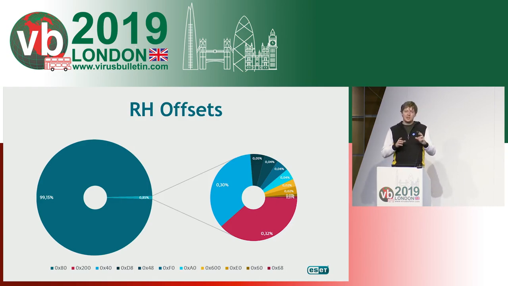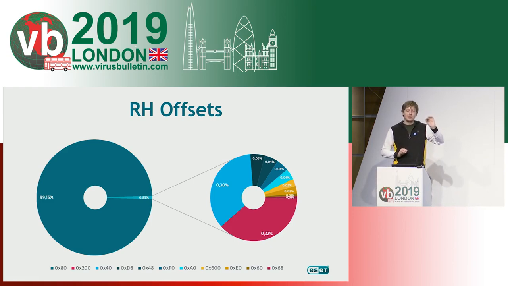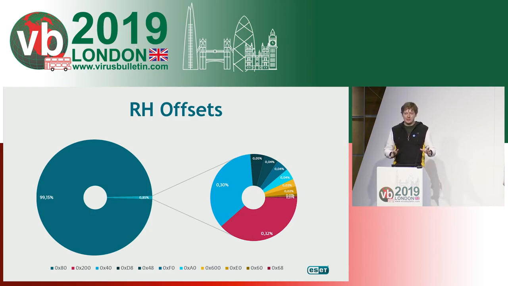Rich headers start at some offset. Basically, the offset depends on the DOS stub, you know, "This program can't be run in DOS mode." It's at some length. This is the majority of cases, 99%.